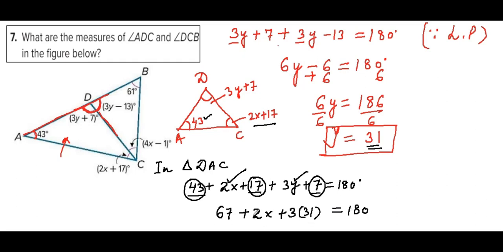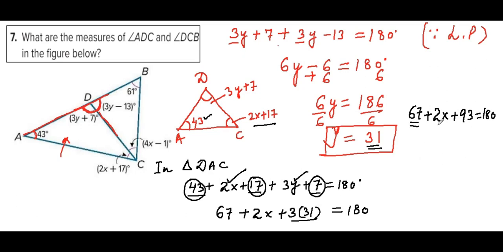So what is left now? We are left with 67 plus 2x and 31 into 3. 3 ones are 3, 3 threes are 9, 93, equal to 180.